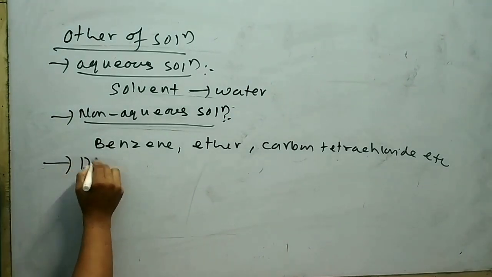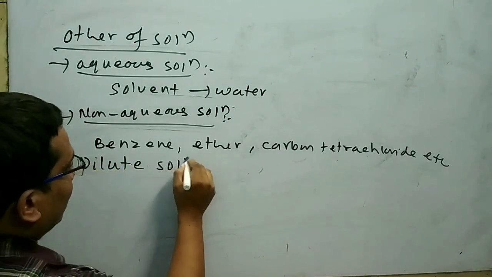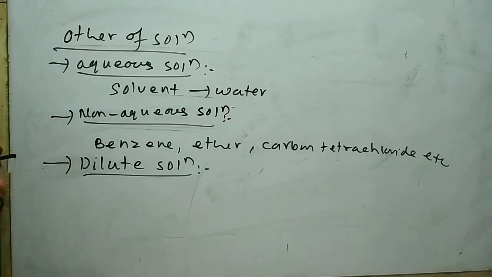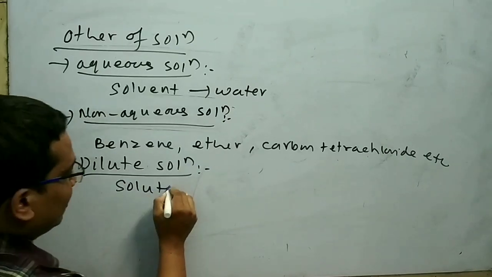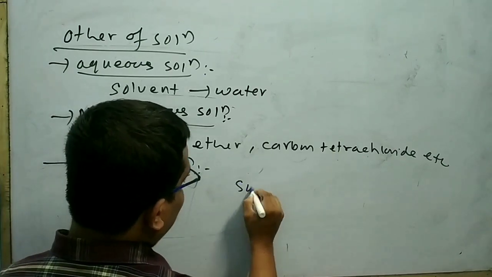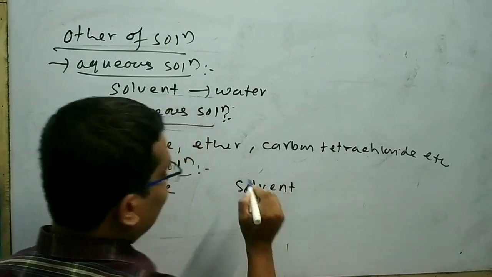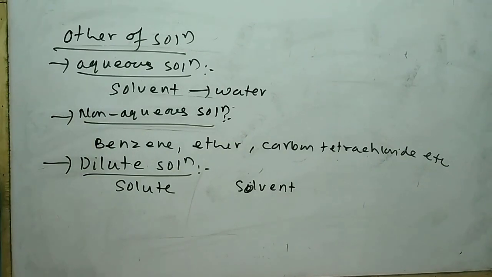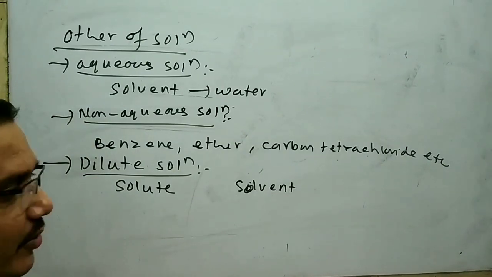Next type is your dilute solution. When the amount of the solute is very small as compared to the amount of the solvent, then that type of solution is called dilute solution.